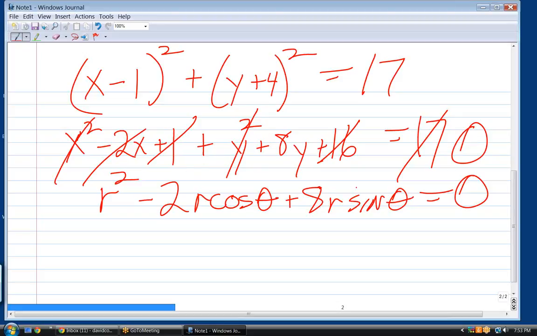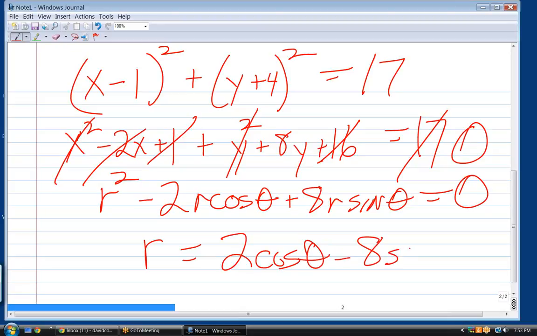So let's go ahead and move these to the right side of the equation and then divide both sides by r. And that's going to give us what? r equals 2 cosine theta minus 8 sine theta. That's just the quickest way to do it.